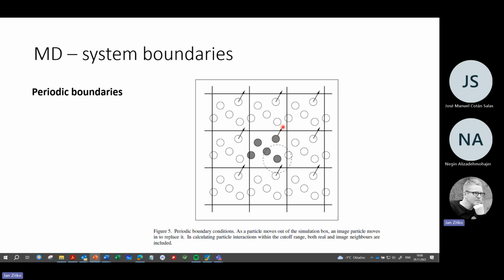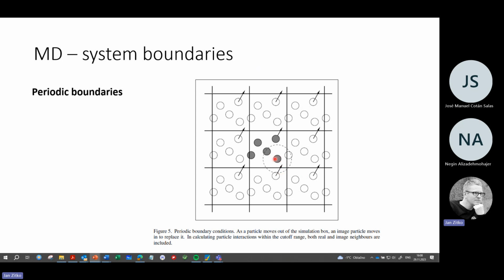But what happens? We can let this particle go, because in the mirror image, which is this cell, when this particle leaves the basic cell, this one will enter the basic cell. So this is how a roughly constant number of particles is kept in each cell, even though you have no boundaries.